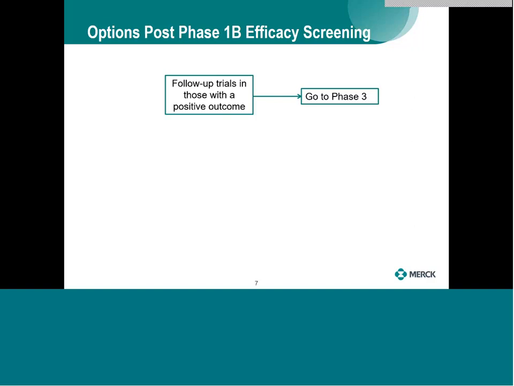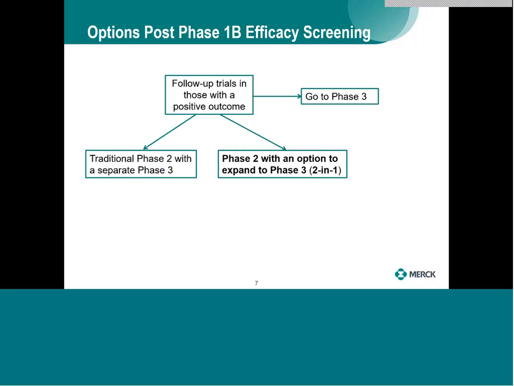Granted, even in phase 3, you probably want to add some risk mitigation strategies such as a futility look, etc. Another option, of course, is the traditional phase 2 followed by a separate phase 3, which is an approach that nowadays nobody likes to take.